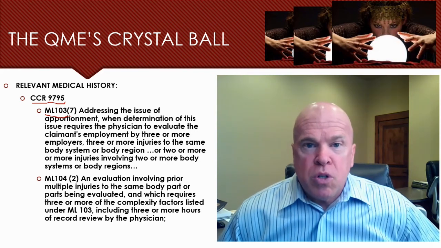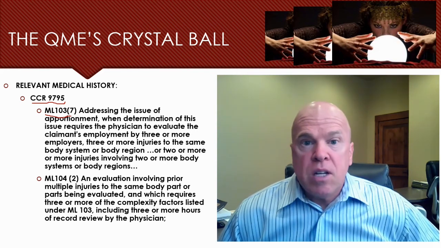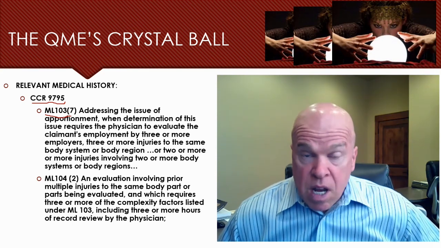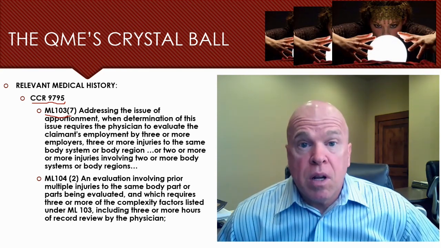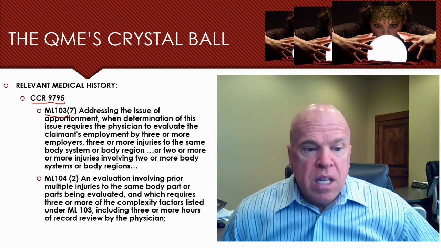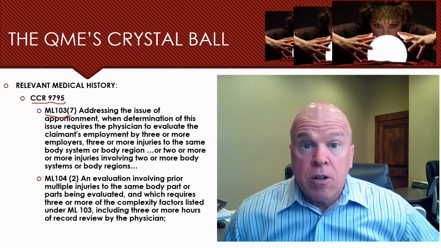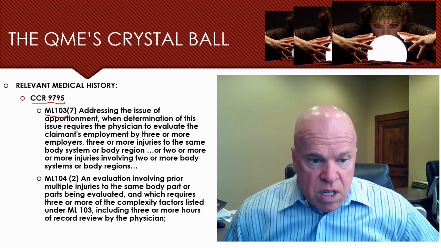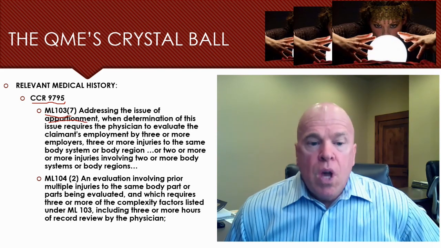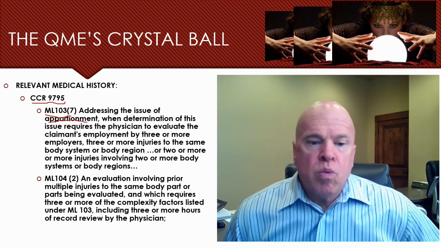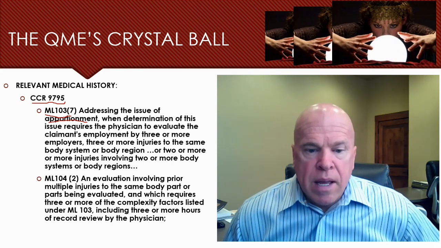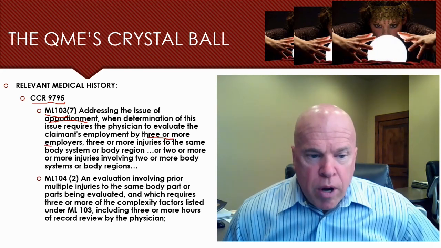So in order to pursue an accurate determination on apportionment, the complexity factors provide us an incentive to pursue an accurate, relevant medical history. So let's read the complexity factor. It deals with addressing the issue of apportionment when the determination of this issue requires the physician to evaluate the claimant's employment by three or more employers.